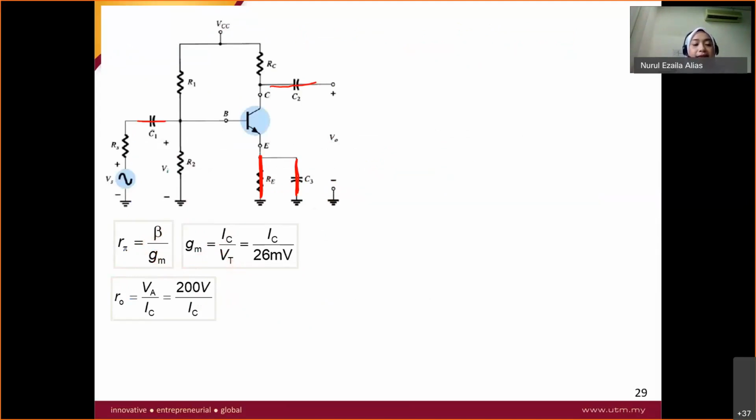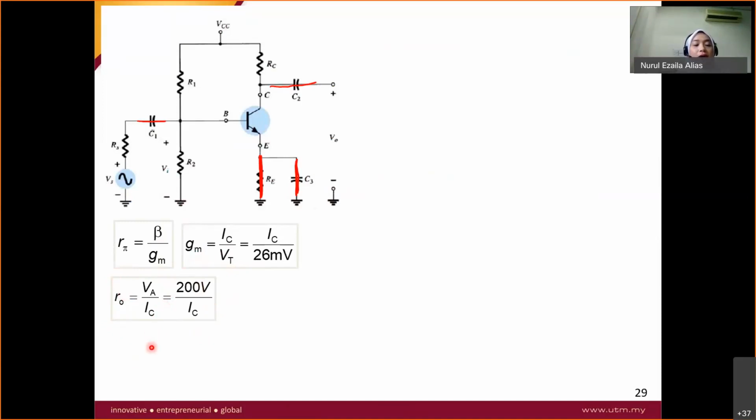Then if VA is given in the question, you might have to find r naught, the internal resistance of the hybrid pi model, which is equal to VA over IC. The fixed value of VA is 200 volts. But if the question says that VA is infinity, you can neglect r naught.